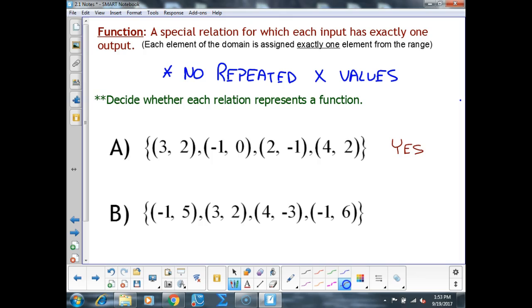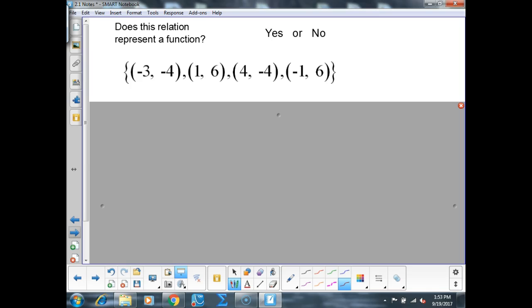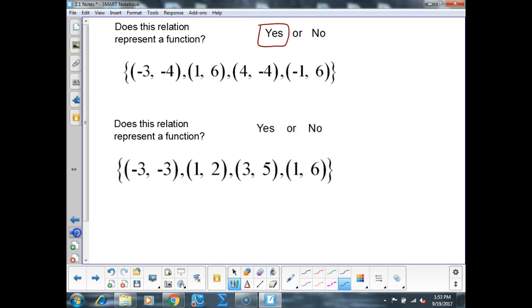There are two negative ones, so it's not a function. Now I'm going to go kind of quickly because I'm running out of time here. Function, not a function. Yeah, that's a function. Function, not a function. No, got a repeat of ones, right?